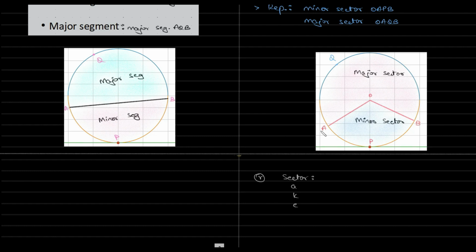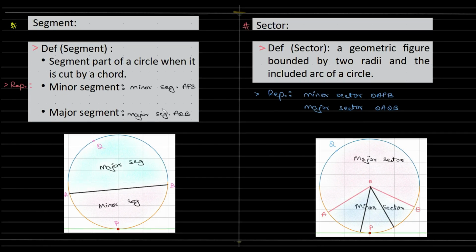So you can remember the shape of sector as a cake. So this is a sector, this is a sector, this is a sector. So sectors are cake shape and segments are not. So that's how you can remember the difference between a sector and a segment. I get confused. I look at the word sector, C, and I remember, okay, I have a cake over here. So yes, that's your sector.